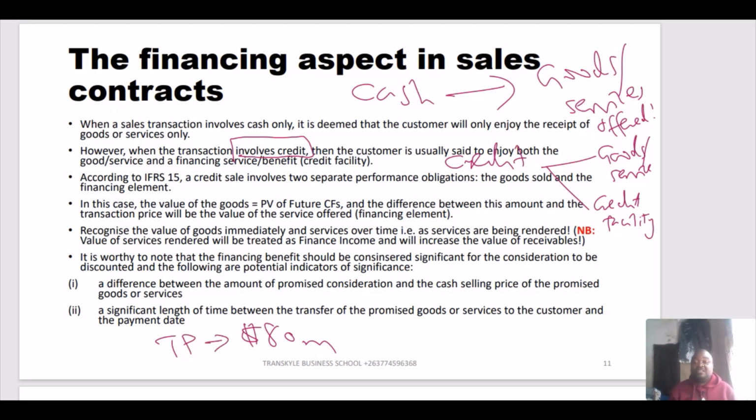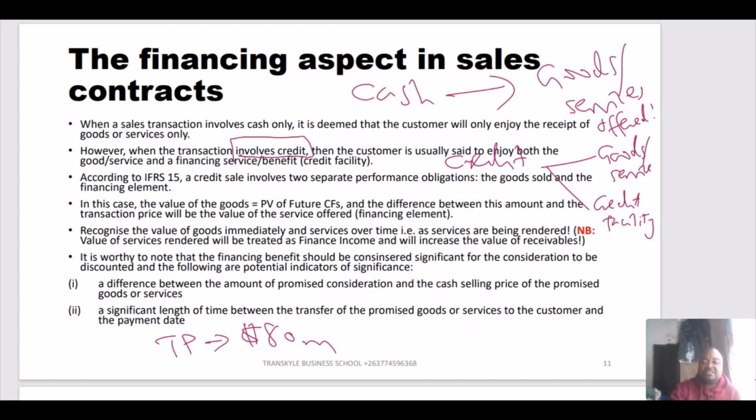However, these guys are not going to pay you overnight, they are not going to pay you tomorrow, they are going to pay you maybe after a year or two. So the 8 million has to be discounted because you're going to receive it in 2 years or in 1 year, so you need to discount it to present value terms.